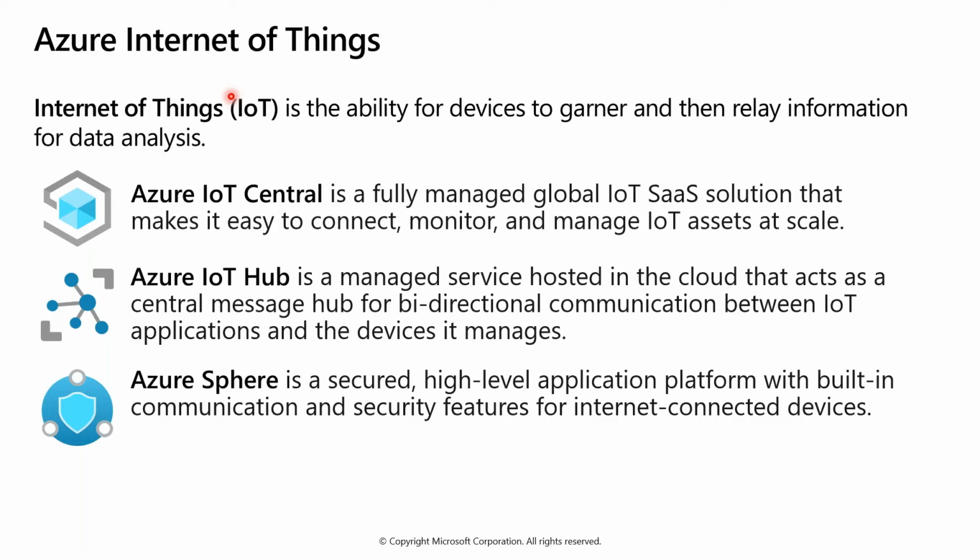Maybe you are collecting all the data from all these IoT devices in a single place, or after you've collected this data, you want to build some sort of analytics over it. But in order to do that, the first thing you will need is to connect with these IoT resources.